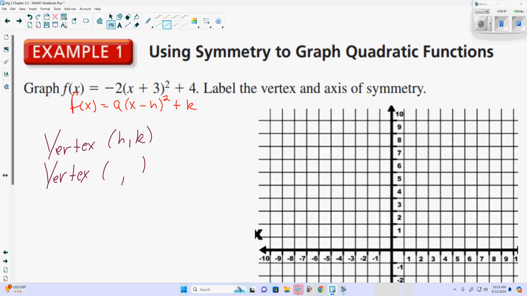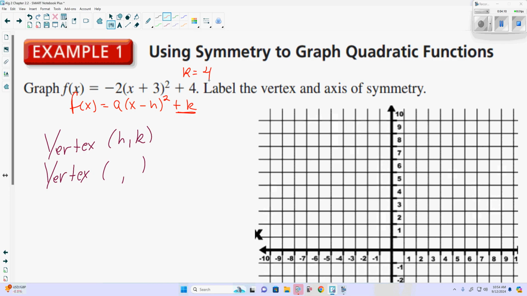So looking at the formula here, k is nice. Plus 4. k is our plus k. Whatever the value that we have added to it is the value of k. So here the value of k is positive 4.